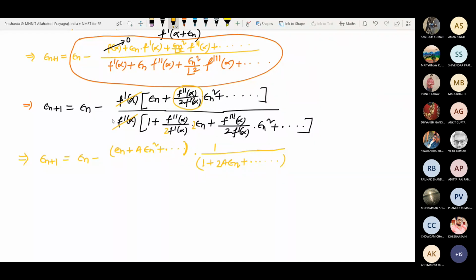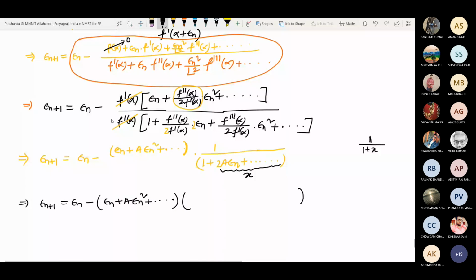Yes, sir. Now this part I am going to write down as x, so that this last factor is of the type 1 by 1 plus x. I'll be using the series expansion for that. Okay. So on the left hand side we have epsilon n plus 1. On the right hand side we have epsilon n minus epsilon n plus A times epsilon n square plus the remaining terms into, tell me the series expansion of 1 by 1 plus x, that is 1 minus x.